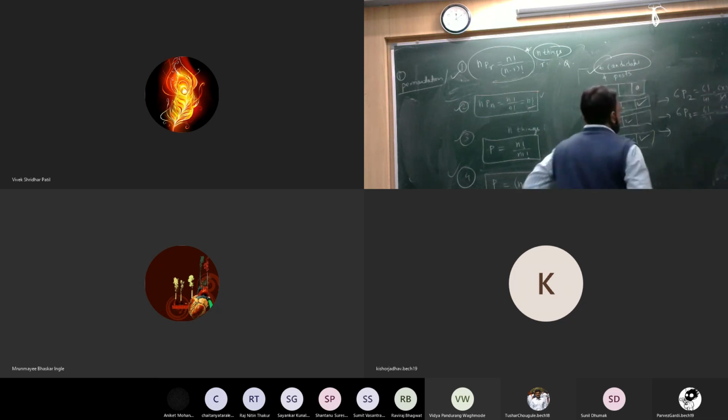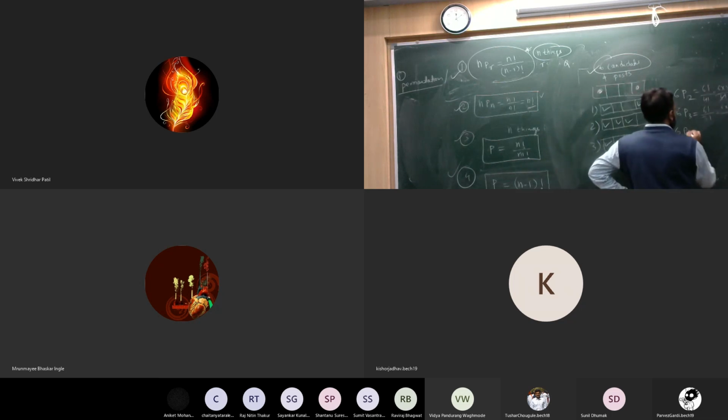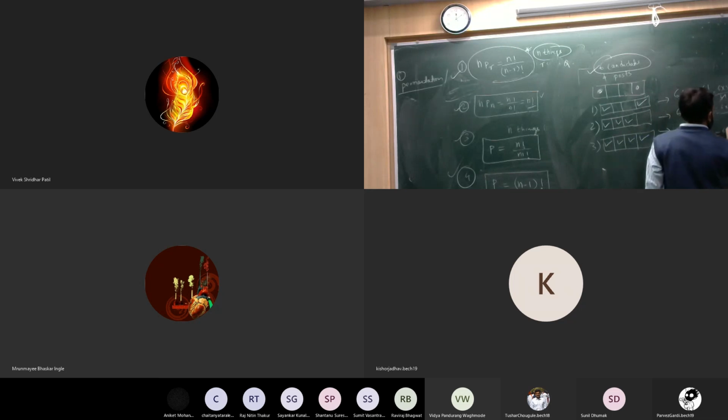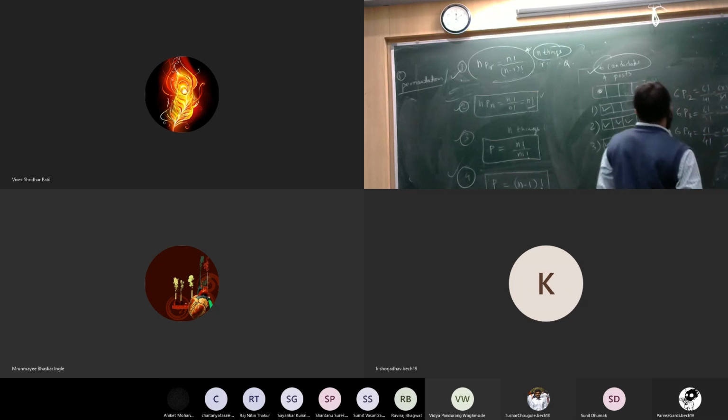Now all positions are to be filled. 6P4. So 6 factorial divided by 2 factorial, sorry, 6 minus 4 is 2. So 6P4 means 6 factorial divided by 6 minus 4 factorial, that is 2 factorial.